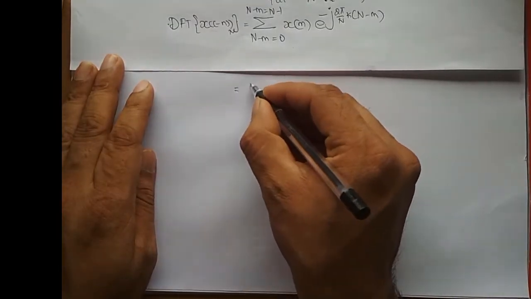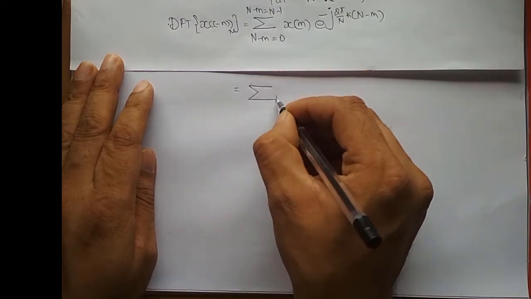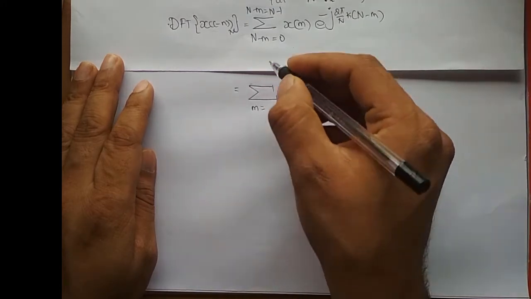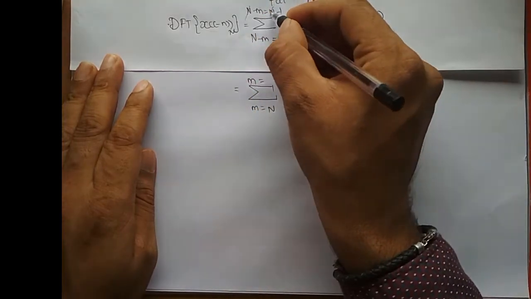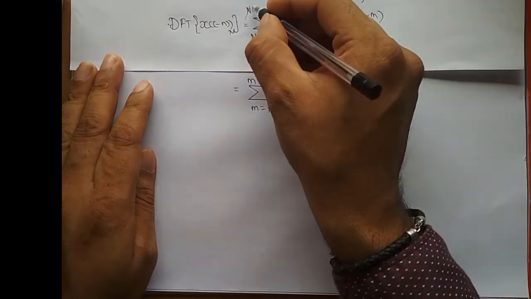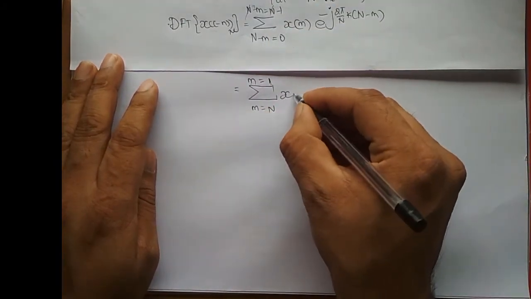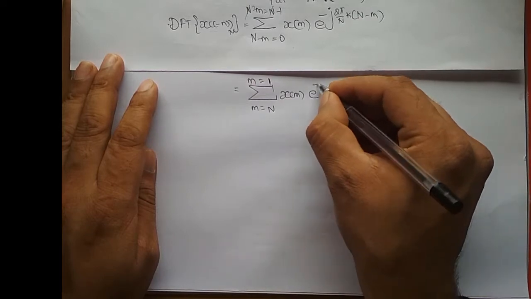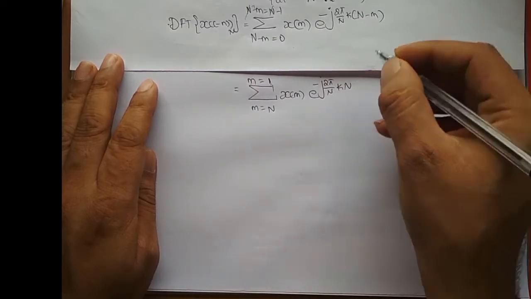So if I write it in terms of m, what happens? Summation m is equal to N to m is equal to 1, the N cancels out and minus minus cancels out. So x of m e power minus j 2 pi by N into k into N minus m.